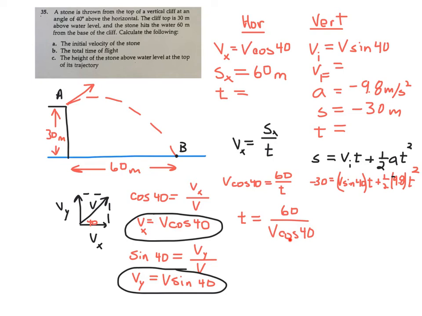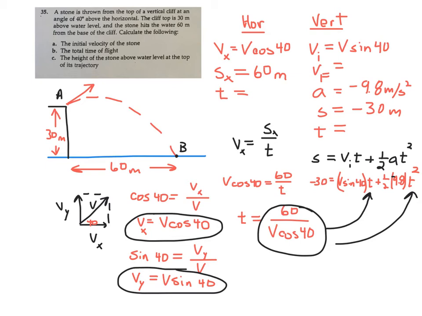I'm going to let you figure out the rest because you guys are pretty good at algebra. You will take this quantity and plug it in for T right there, and plug it in for T squared over here. You have to make sure you square it over there. That's a little bit tricky.